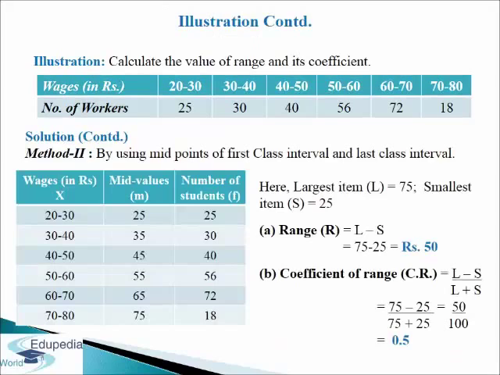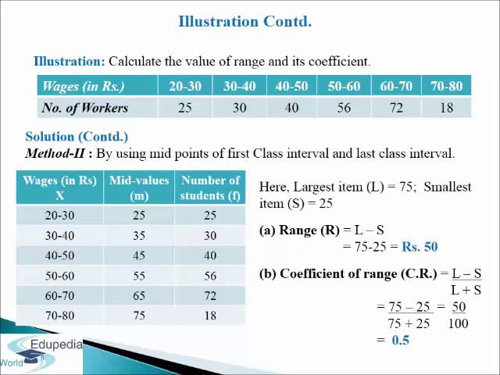Now we come to the second method, that is by using midpoints of the first class interval and last class interval. Alternatively, we use midpoints to find range and its coefficient. For that, we will make a table of 3 columns. In the first column, we will write wages, that is X, 20 to 30, 30 to 40 and so on.